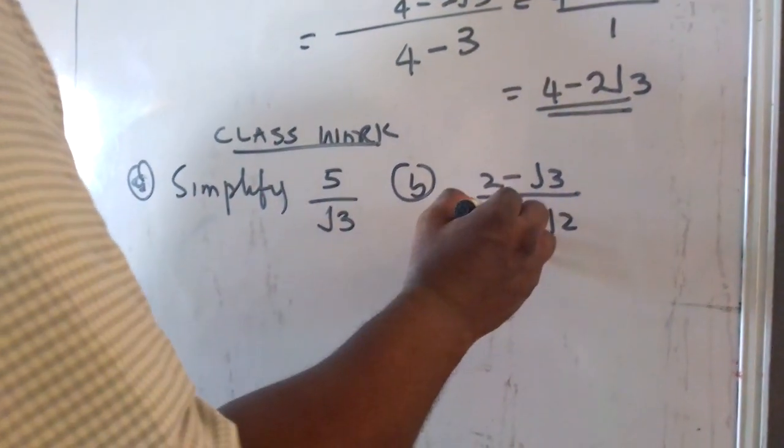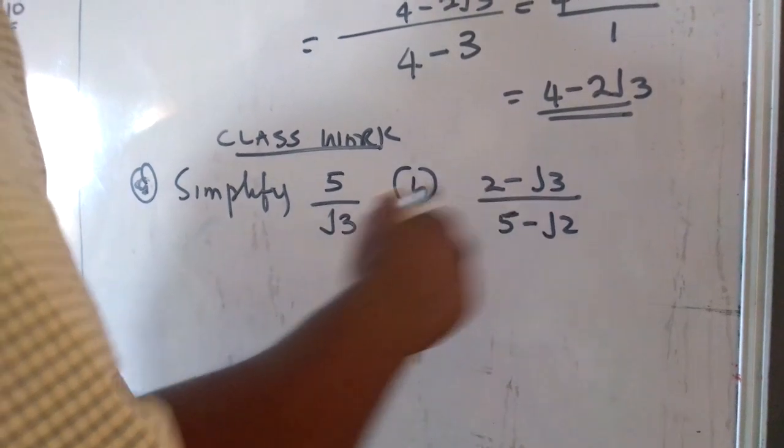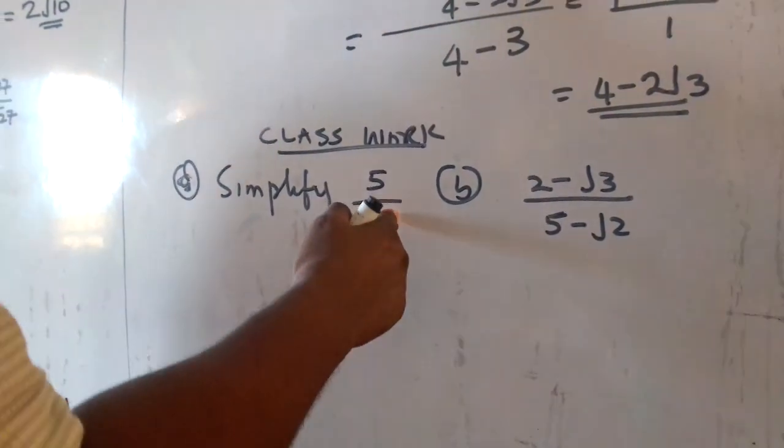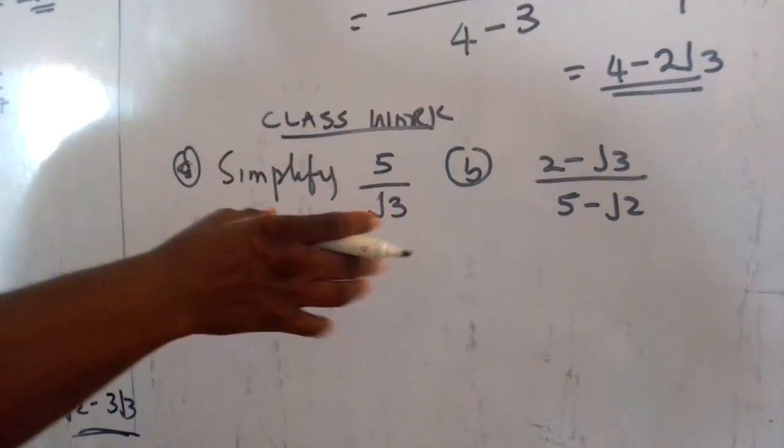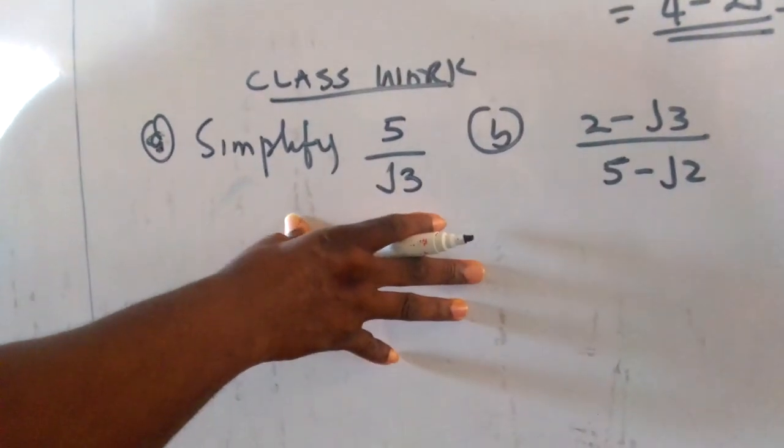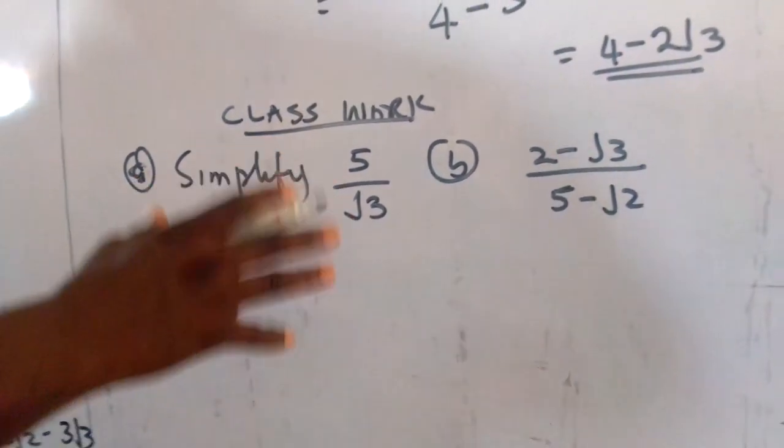So in this case, I expect you to conjugate. In this place, I expect you to what? To rationalize. So when you do that, you will get your final answer. So make sure you try it.